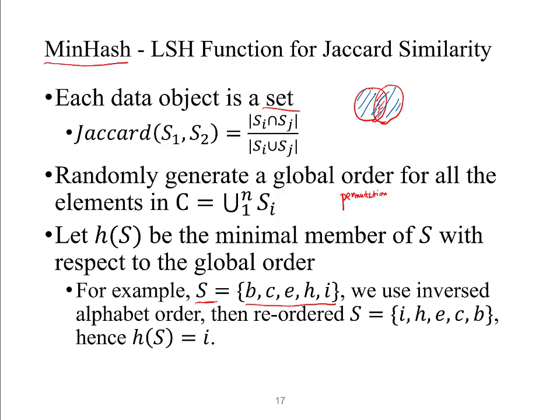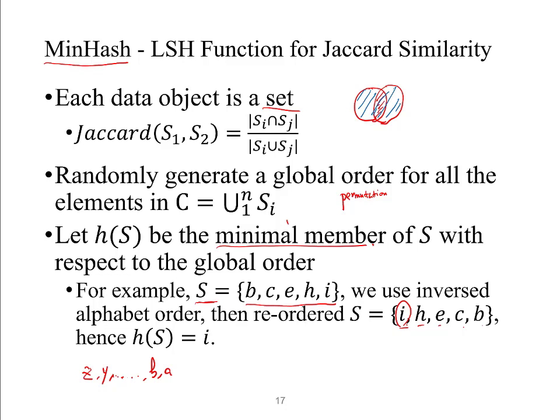And we use the inverse alphabet order, so from Z, Y to B, A. Then we reorder S. We have I, H, E, C, B. We take the minimum member of S within this reordered one, which is I. I is the first member.